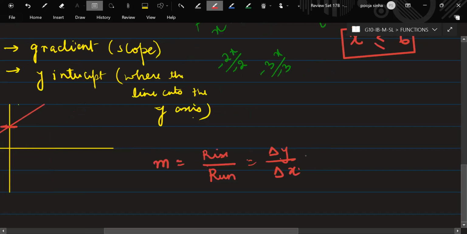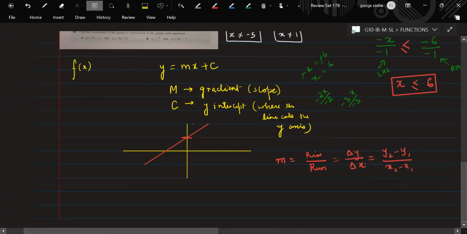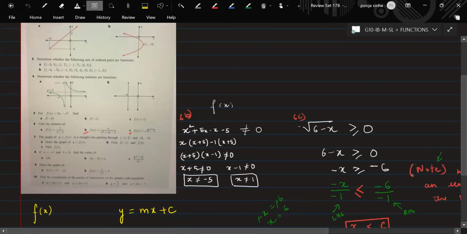This delta means change. Or you can do it from y2 minus y1 upon x2 minus x1. You plug in the points which are given to you, both the y values and both the x values, and you will get the gradient. Got it? Both of you sure? So c is just a y value, right? Just one value.